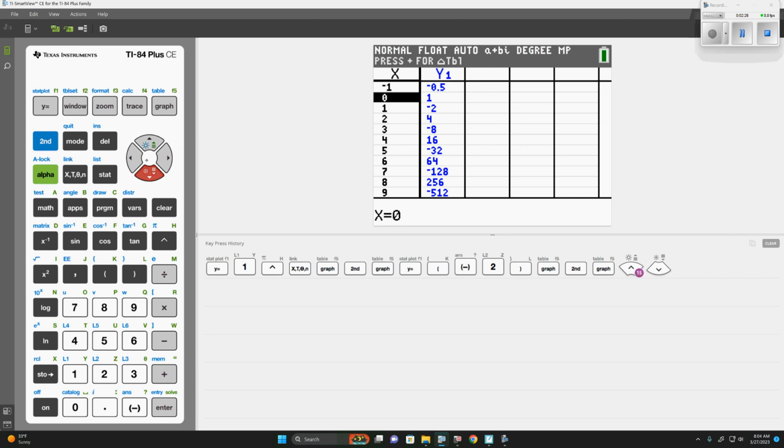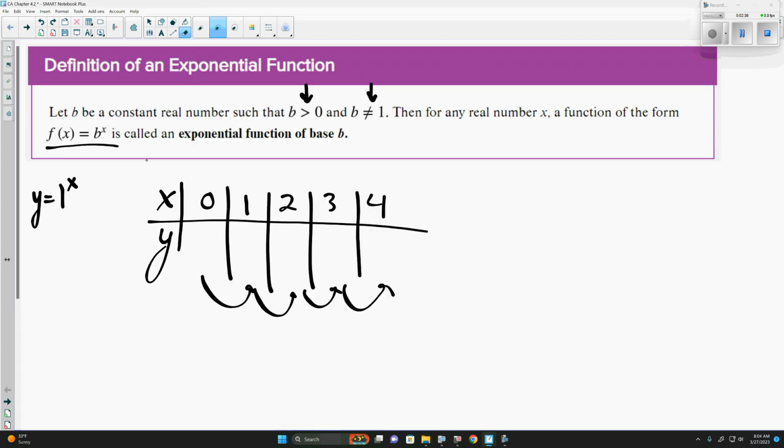At 1 it's negative 2. At 2 it's 4. We're jumping from positive to negative. We're jumping from one side of the function to the other. So there's not a continuous function for it. So we can't have b be negative. It is possible, but we just don't have a continuous function.